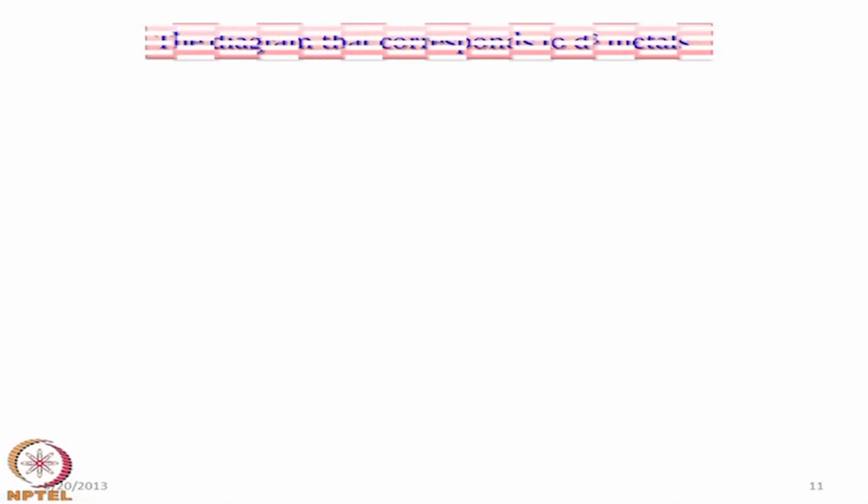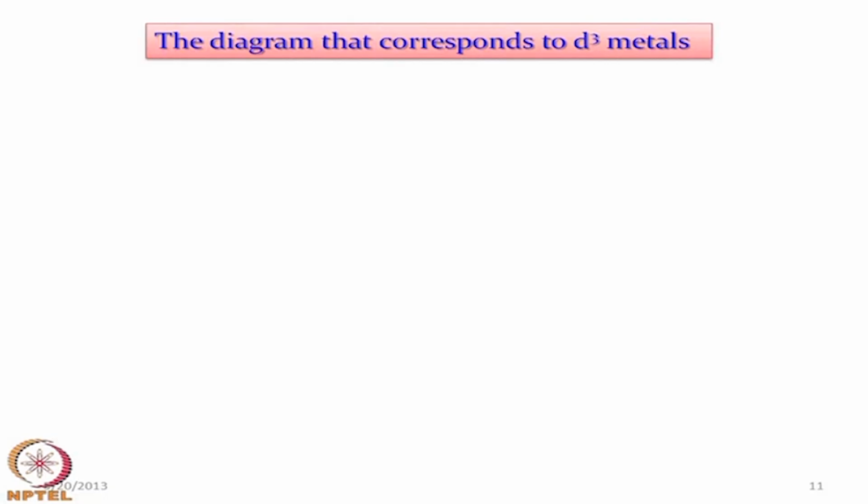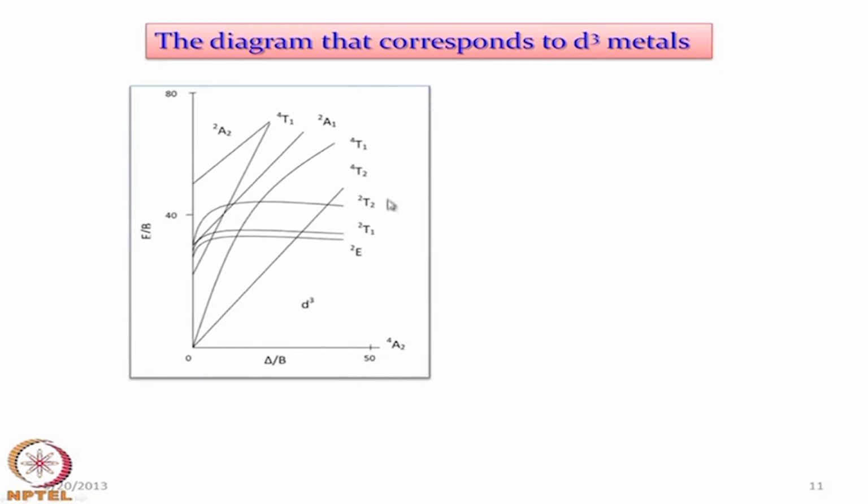So, these levels correspond to some transitions. If we see one such transition in the Tanabe-Sugano diagram, we will find how we can plot these values, and for a d3 metal ion we can get these particular levels.